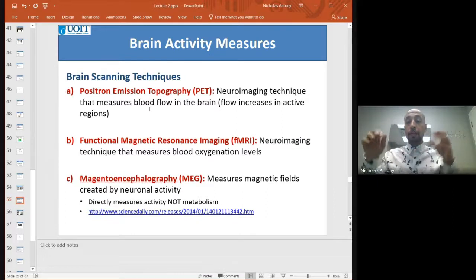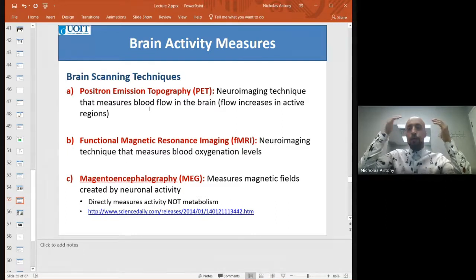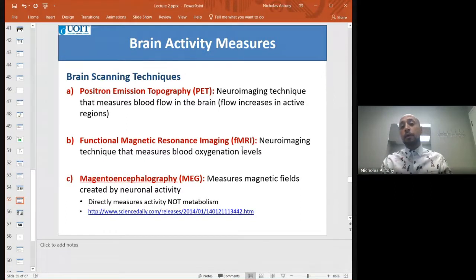Then you get someone to do something, and if you have more reading in one part of the brain, that means more blood is going there, meaning you're utilizing it more. So which parts of the brain are being utilized for what? fMRI is kind of the same thing, looking at blood flow through oxygenation levels. The newest one now is called magnetoencephalography.